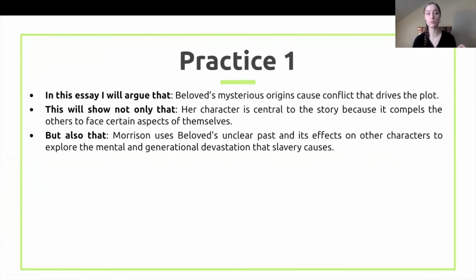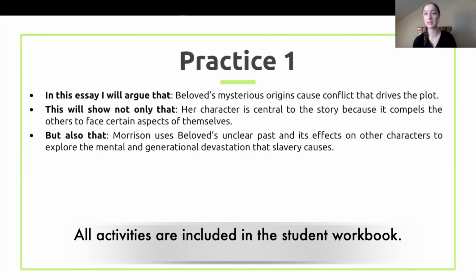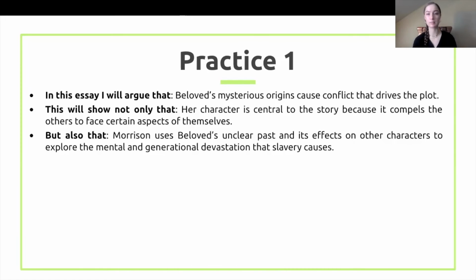So you guys can use those transitions to a little bit more carefully revise your thesis using the skeleton. I've also included one that uses different transitions to connect these different claims. So at this point, please pause the video and complete the activity because I will be explaining the revised thesis statements in just a minute. So I'll give you guys a few seconds to pause the video here.